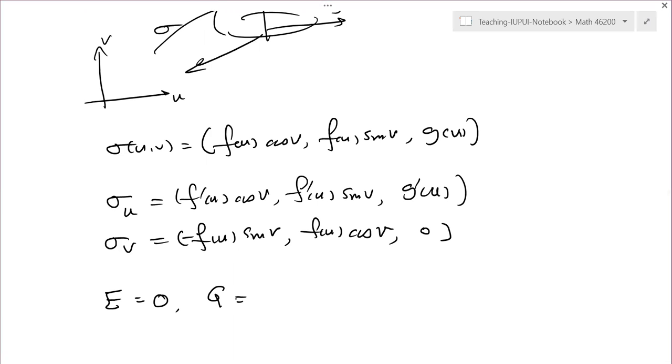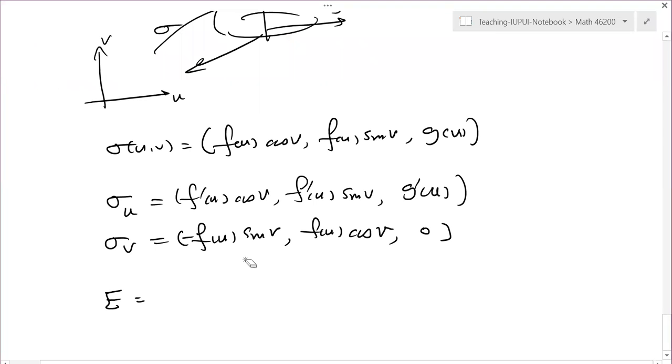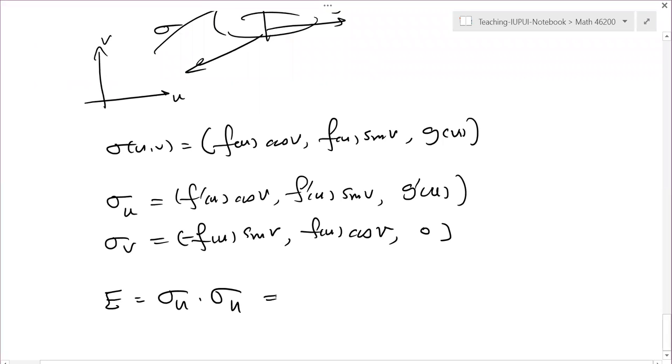Wait a minute. Sorry, not this. F is 0. E is not 0. E is sigma u dot sigma u, so just the length of that vector, f prime u squared plus g prime u squared.